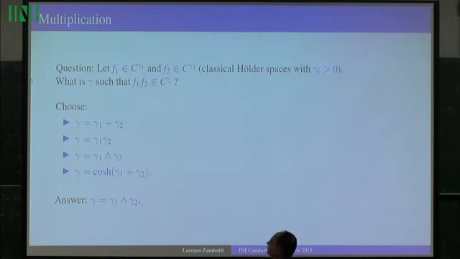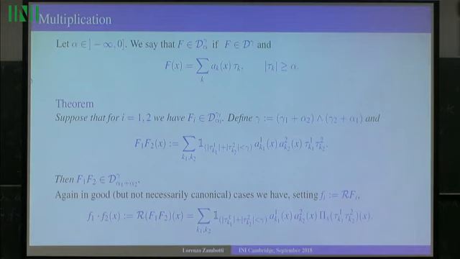There is no reason to improve the regularity by the product, so it is the worst between the two of them. Okay, so this is the classical principle. Is this going to be still the case? The situation is a bit more complicated.